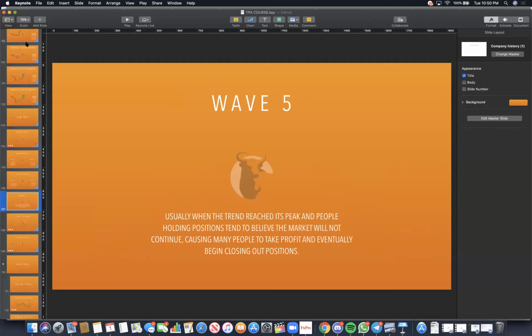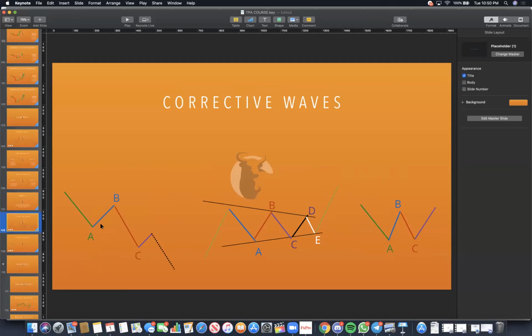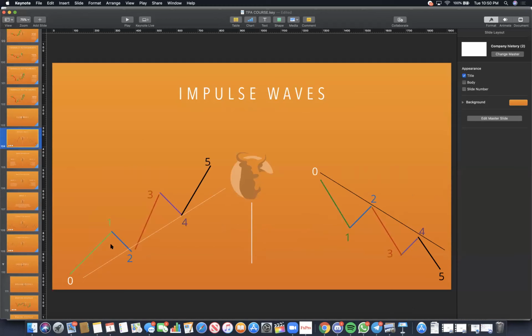The correction waves come in on A, B, or C, or if it's in a wedge, you have A, B, C, D, E, or if it's a consolidation, you'll have A, B, and C, and then the next move up. So we understand that after the wave sets itself up to the upside or to the downside, what happens is after that, right? After the 5th wave.